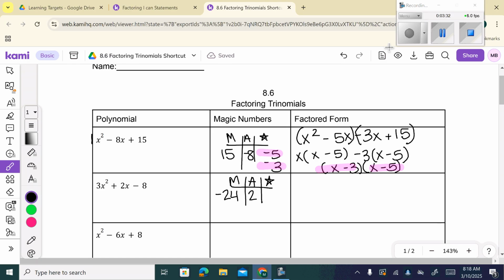Come on, you got it? What is it? You need 2 numbers. What multiplies to -24 and adds to 2? Okay, we have to look at 24. Which one of these can you either add or subtract to get to 2?